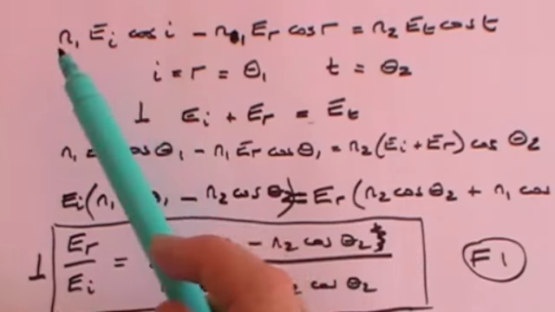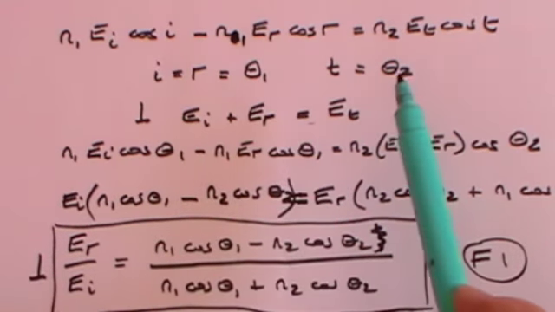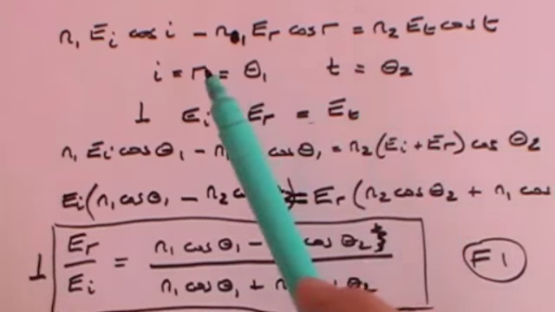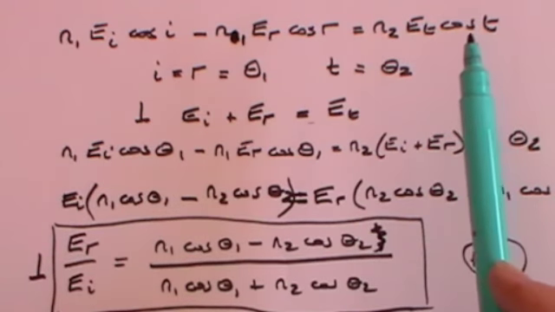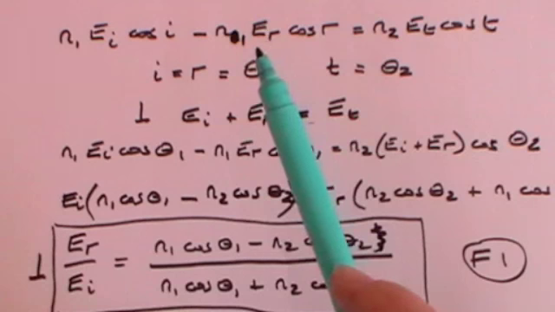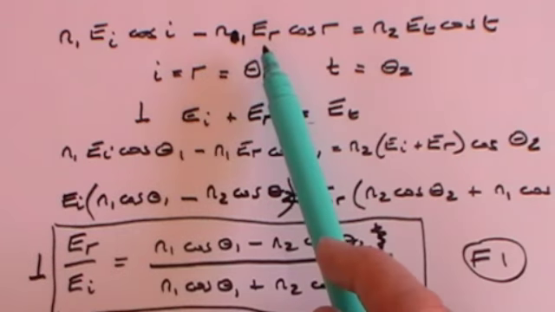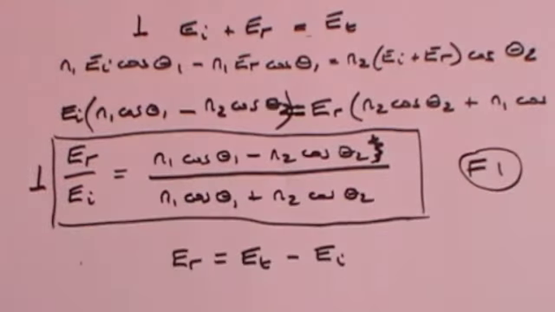And once again, we're going to substitute theta 1 and theta 2 for I and R and T. But this time, we're going to change ER into ET minus EI.